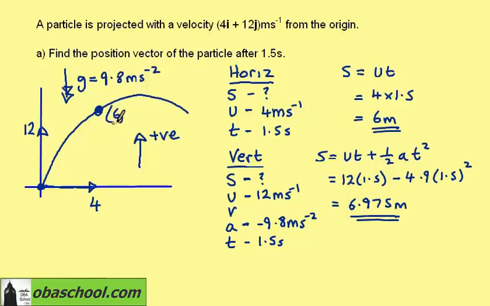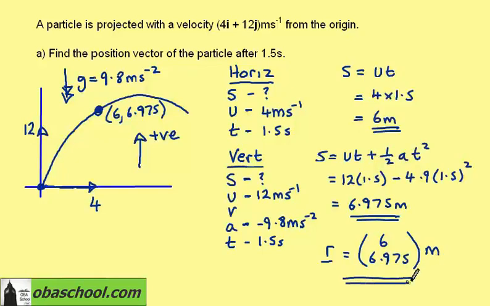The coordinates of this point then are 6 and 6.975, so the position vector, if we want it in ij form, is r equals 6i plus 6.975j meters.